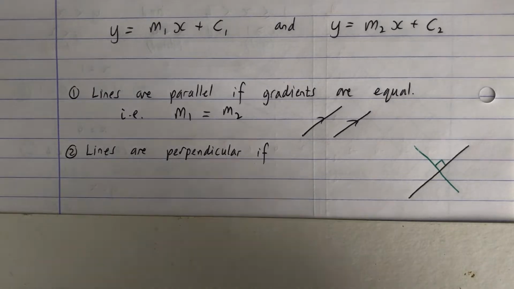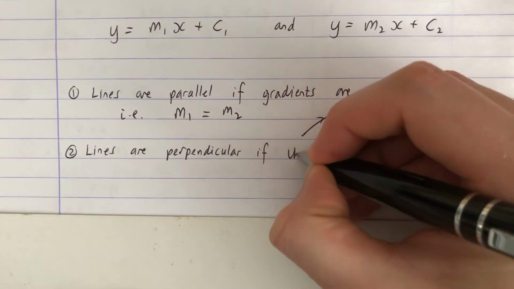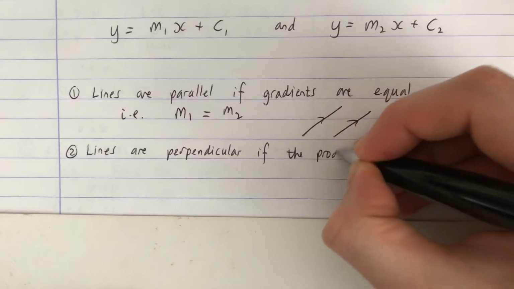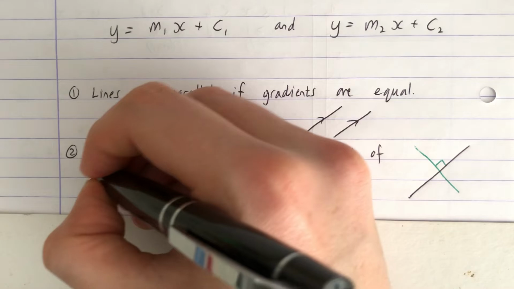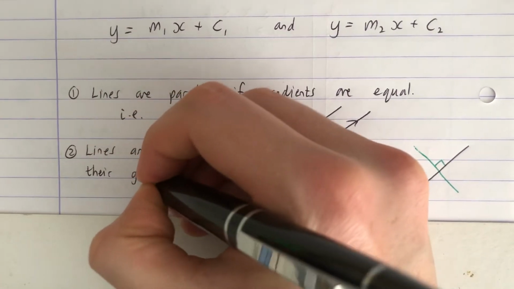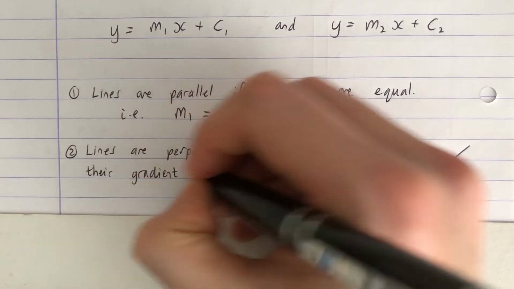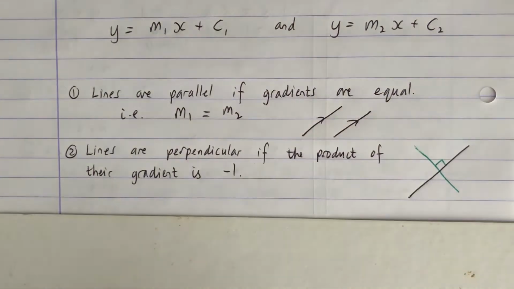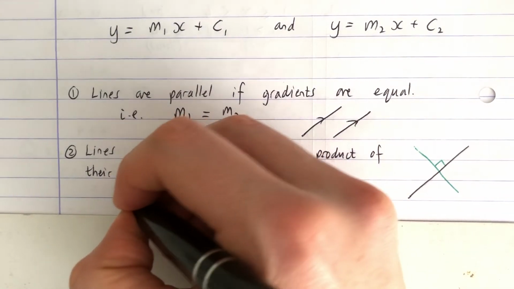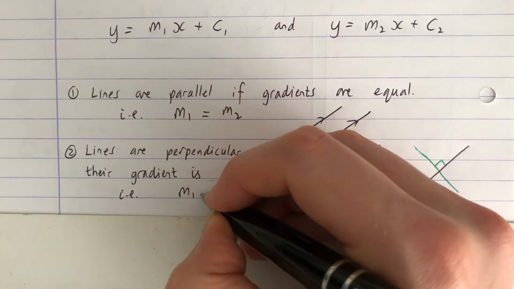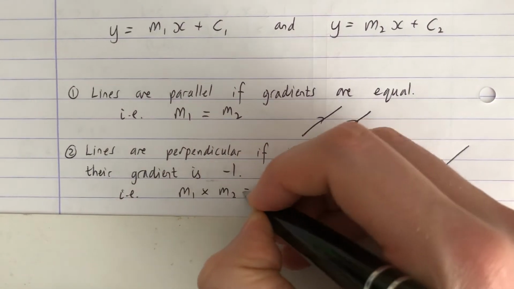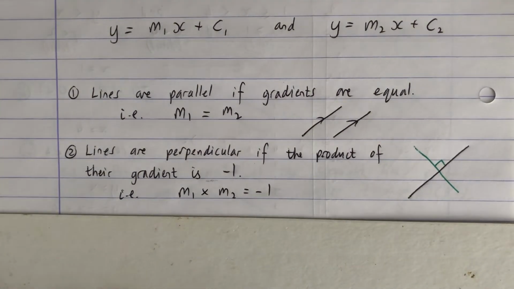Okay, so if the product of their gradients is -1, in other words, the word product means times, so if I times their gradients, the answer would be -1. That would be the rule for two lines which are perpendicular.